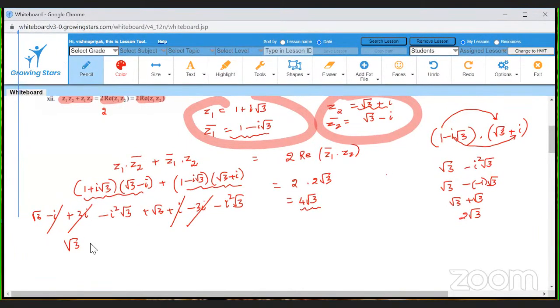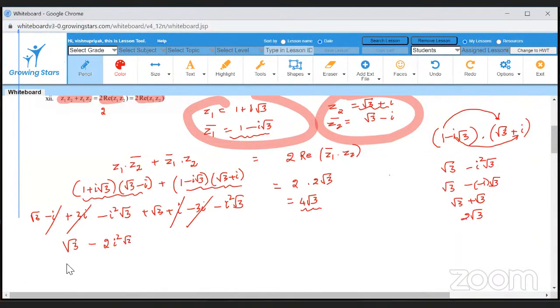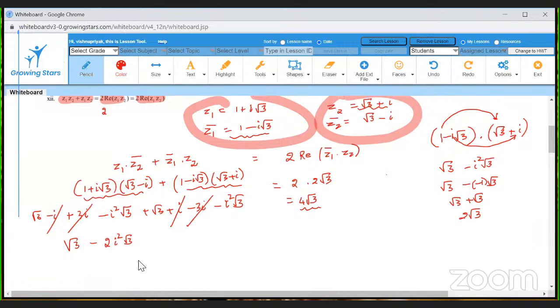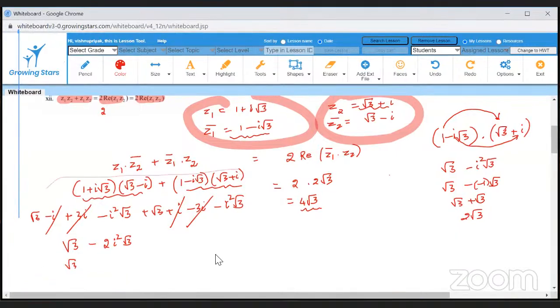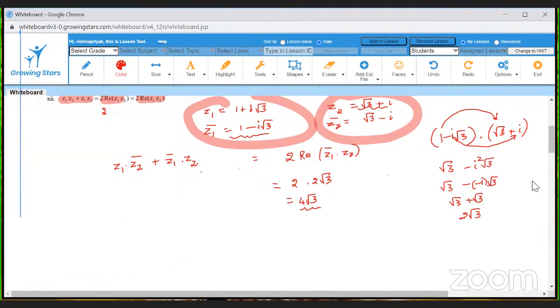Root 3 minus i square is minus 1. Here also i square is minus 1. Minus 2 i square root 3, i square is minus 1, root 3, like that you will get it. Leisurely sit and multiply and see, you will get it.